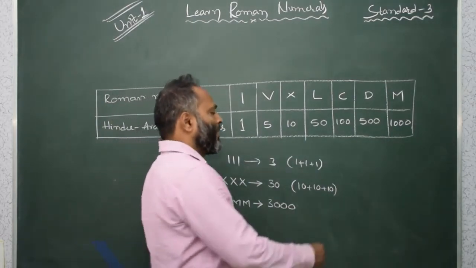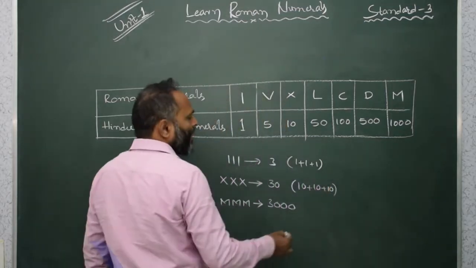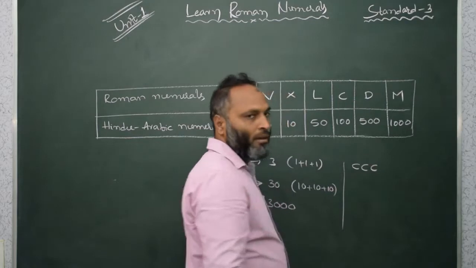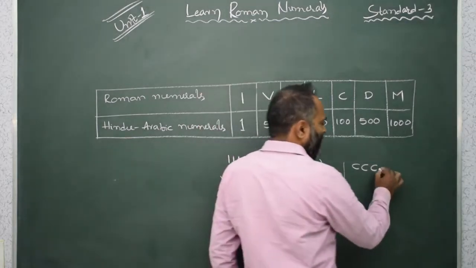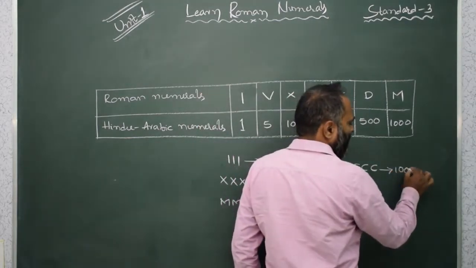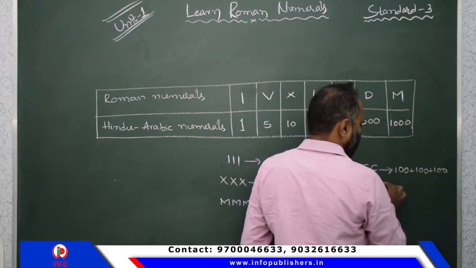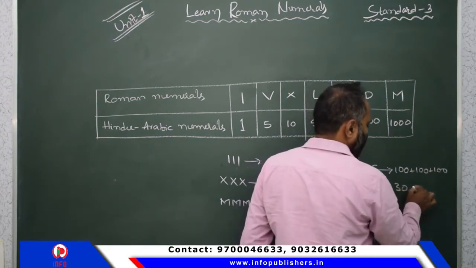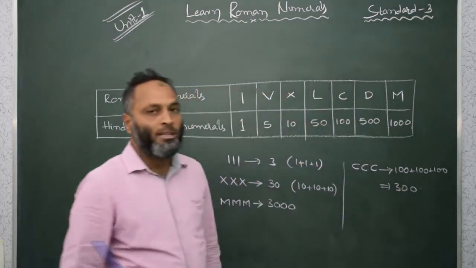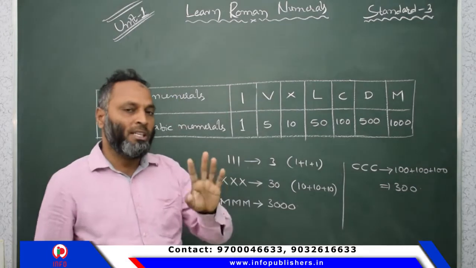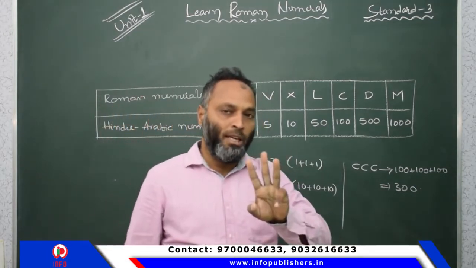And 100 also: if C repeats 3 times, it means 100 plus 100 plus 100, that is 300. In Roman numerals, a letter repeats a maximum of 3 times only.